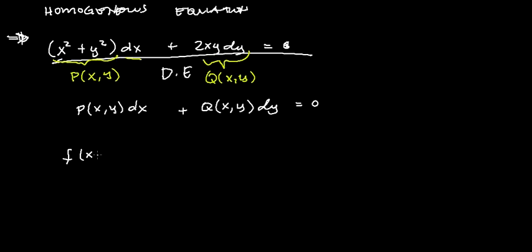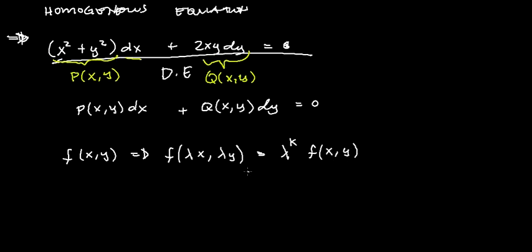Say we have the function f of x and y, and if this function can be expressed in terms of the indicator lambda, producing lambda with the degree k multiplied to its function of x and y, so that we can factor out this indicator with its degree, then the said function is homogeneous.